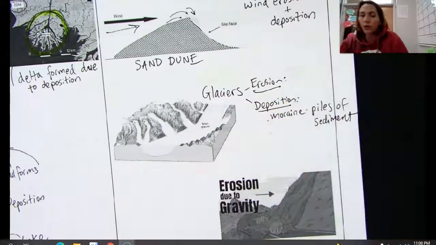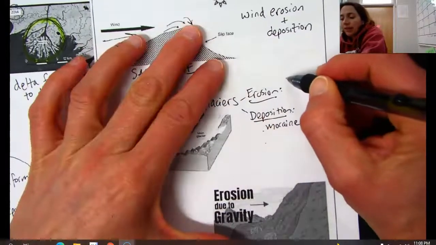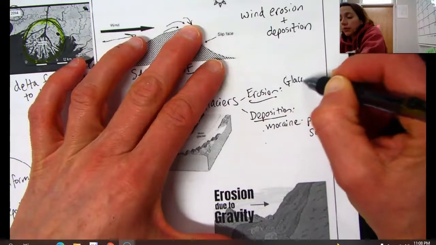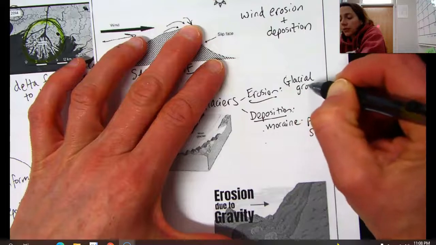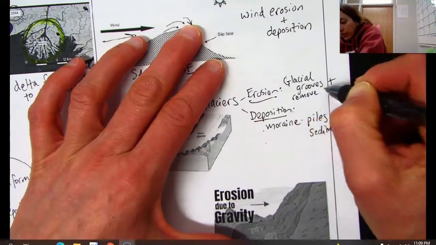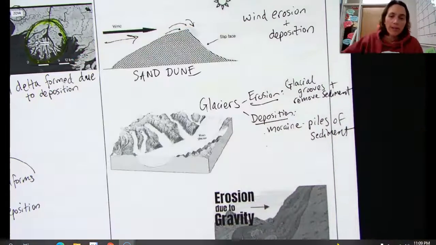And they also move sediment to different places. We'll just put in glacial grooves. They remove sediment from one place and then drop it off at another.